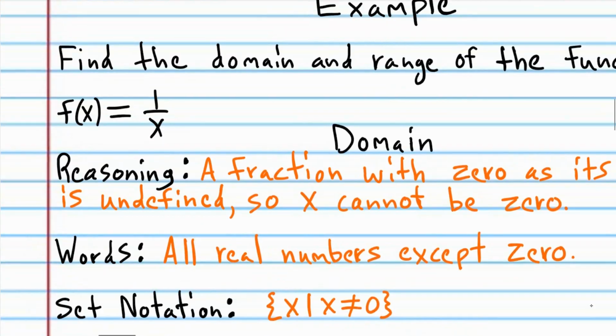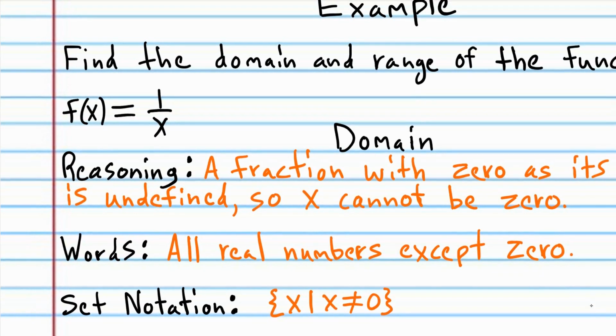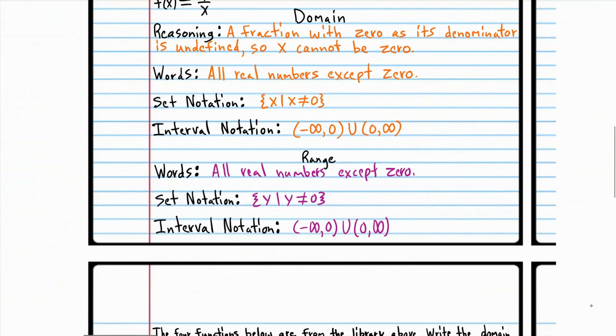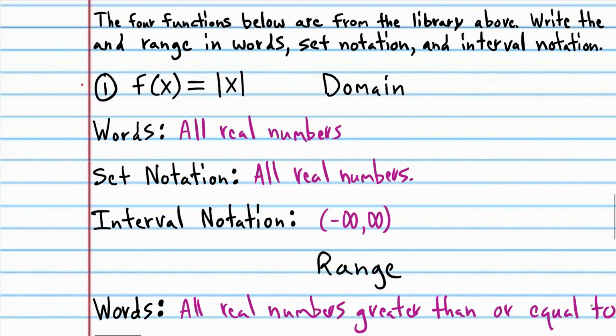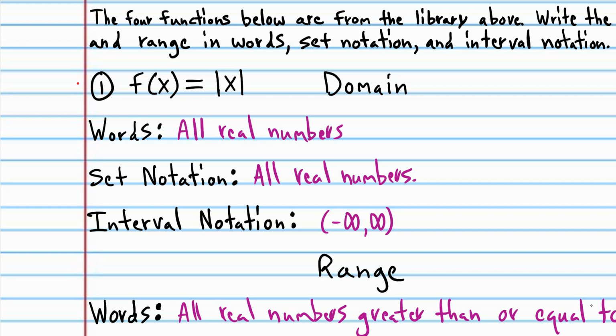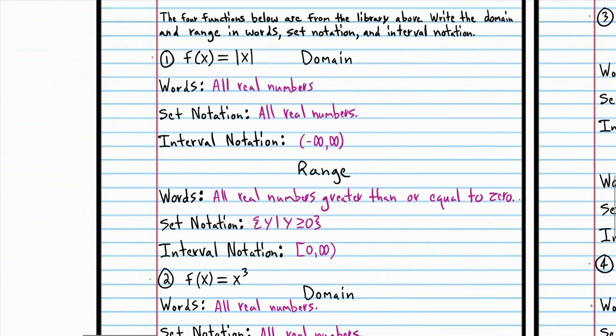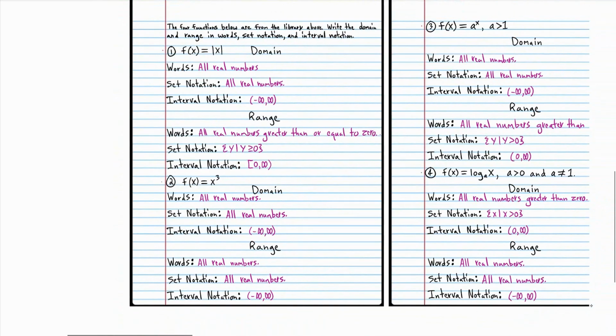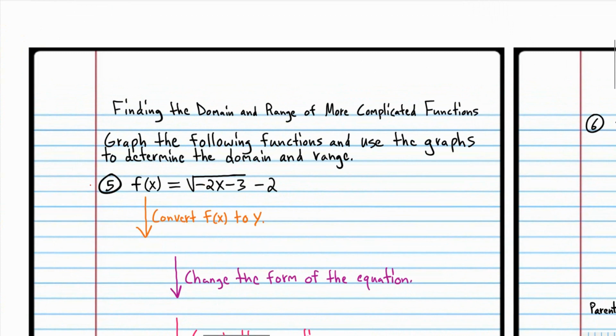For example, the reciprocal function. We called it the reciprocal relation in previous classes. Now we're calling it the reciprocal function. The absolute value function, we called it the absolute value relation in previous classes. Now we're calling it the absolute value function, and so on and so forth. But now we have more complicated equations.